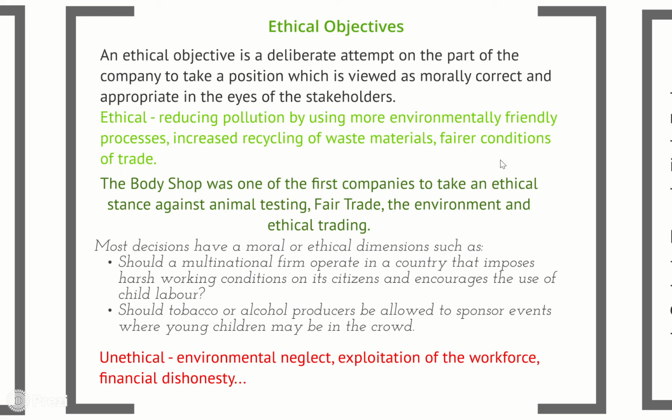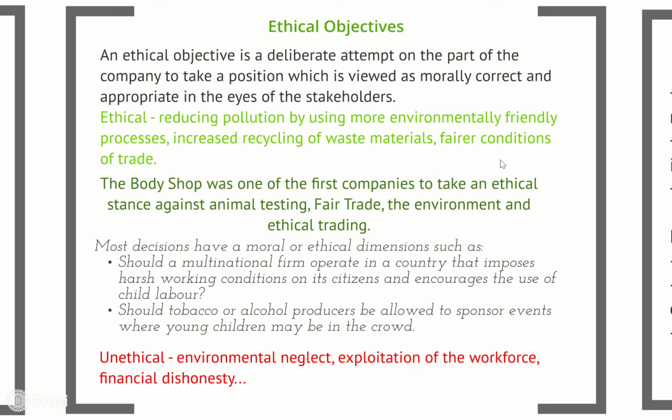So most decisions have moral and ethical dimensions, such as should a multinational firm operate in a country that imposes harsh working conditions? In the case of Shein, they pay their employees really badly, so that is an ethical consideration and potential objective. And should tobacco or alcohol producers be allowed to sponsor events where young children may be in the crowd?